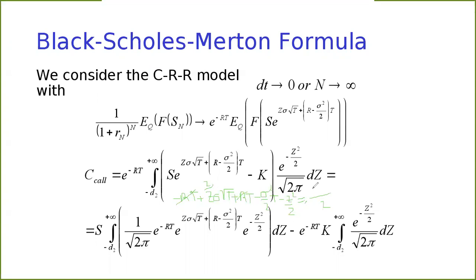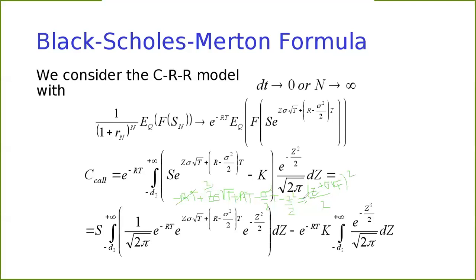So it is z plus sigma square root of t in brackets, squared.